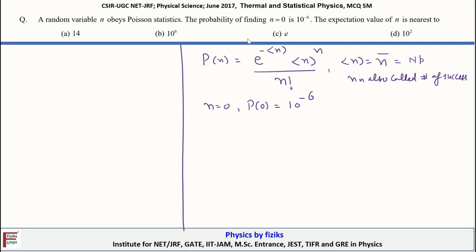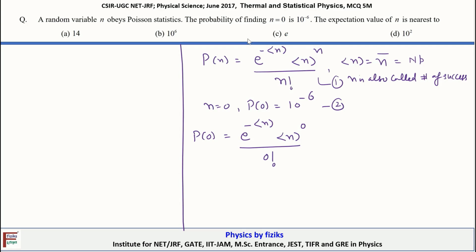So we have to simply plug this value into this equation. If we call this equation 1 and the given result 2, then p of 0 is equal to e power minus expectation value of n, times expectation value of n power 0, divided by 0 factorial.